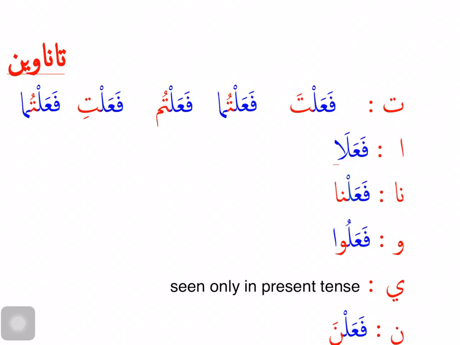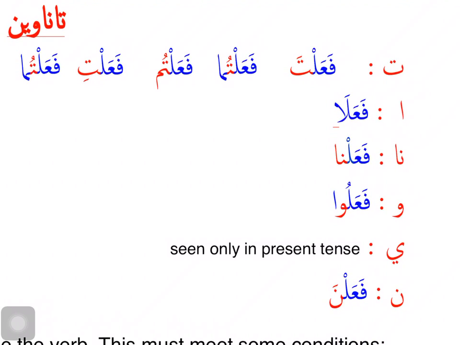The ya pronoun is not found in the past tense forms, it will come in the present tense verb forms. And the noon pronoun is found in the hunna form of the past tense, fa'alna. So if you look at the words in the red, ta, alif, noon alif na, waw, ya, noon, I'm saying that these are attached pronouns.